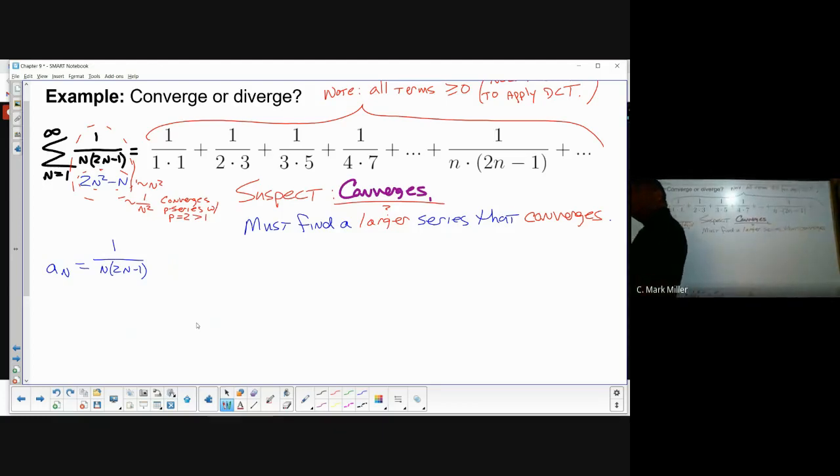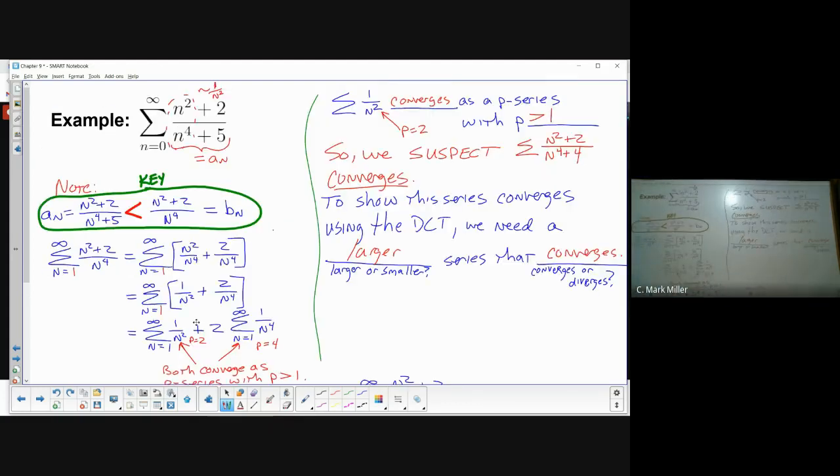Let me tell you what I'd be tempted to do, but I don't think it works. In the last problem, what did we do? We knocked something out of the denominator, remember? We knocked a positive term out of the denominator, which made the denominator smaller.